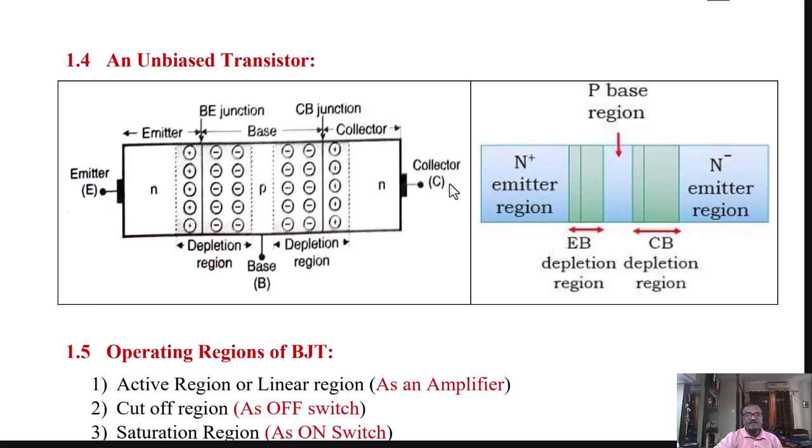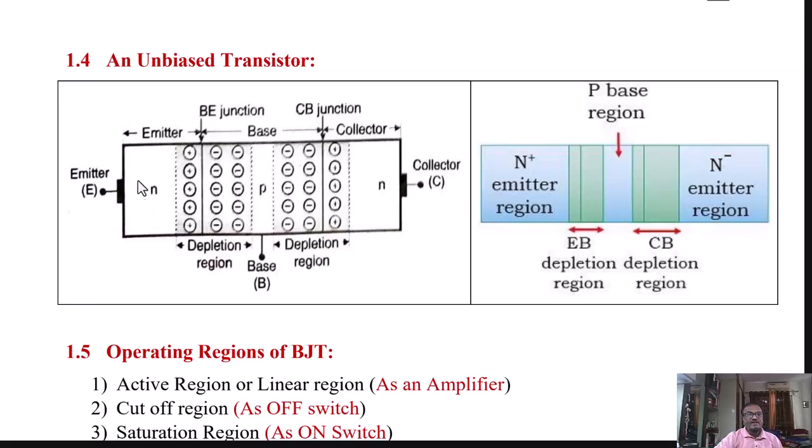The figure is not drawn to scale, as we have just discussed that base is the narrowest portion. Collector is the widest portion and emitter is the moderate size portion. Here, to show the internal working, we have changed the scales.